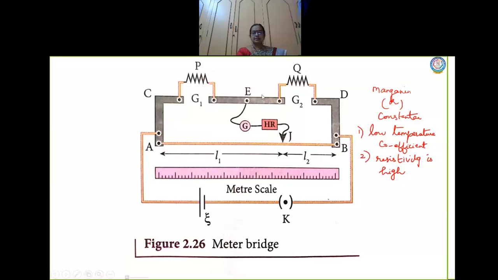From the center point of this copper strip you connect a galvanometer, and the galvanometer is connected to a high resistance, and that is connected to what is called a metal jockey. The metal jockey is a pen-like metal rod, and one end of it is a knife edge. That will slide along this wire AB.